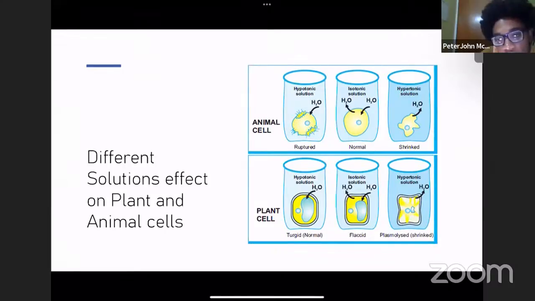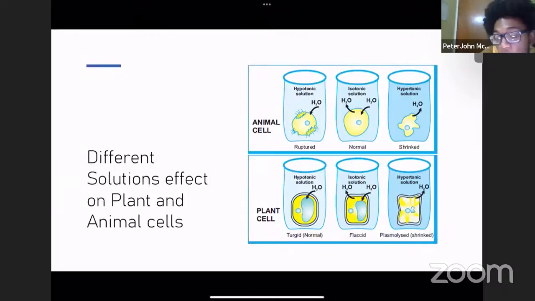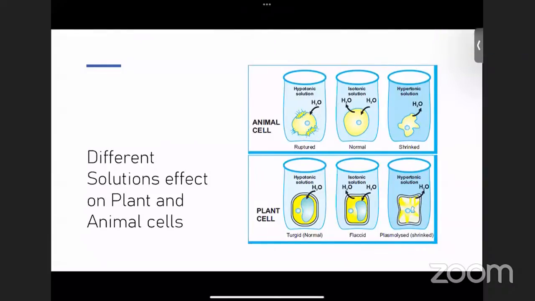Describe to me what's happening for the isotonic solution. Chantel, could you describe that for me, please? Could you describe to me what's happening for the isotonic solution for the animal cell side? Sorry, no, I cannot.